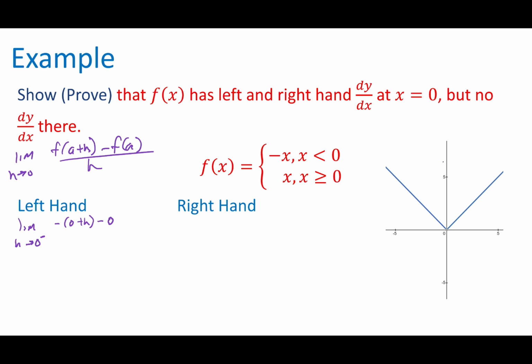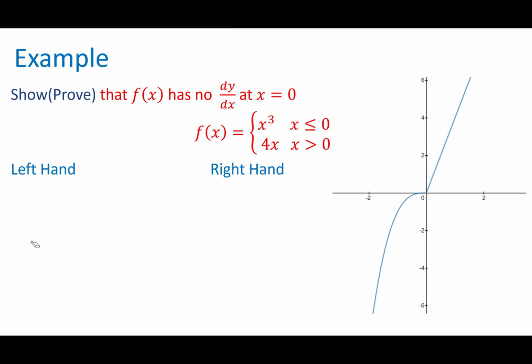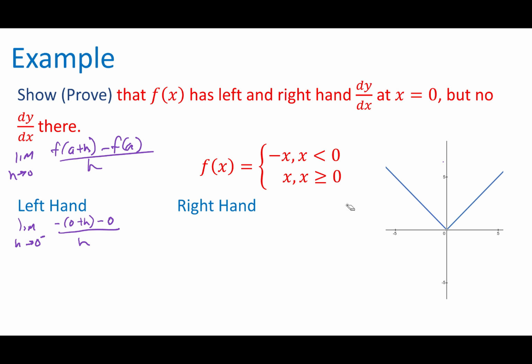So 0 plus h minus 0 all over h. So the zeros we really don't have to worry about. Only thing we're left with on the top is going to be the limit as h approaches 0 from the negative side. I have a negative h all over h.